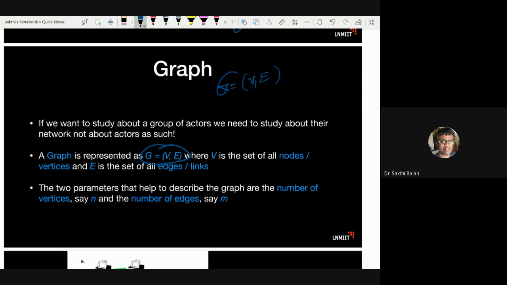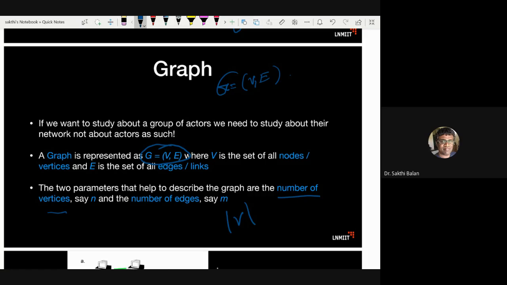The two parameters that will be helpful to describe the graph are the number of vertices, denoted as the cardinality of V. V is the set of all nodes, and you know how to represent the cardinality of a set, right?